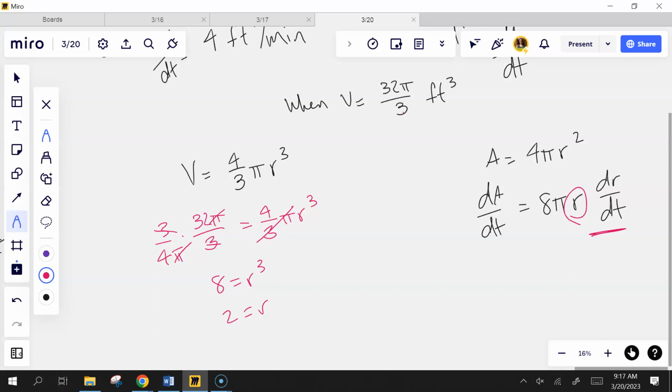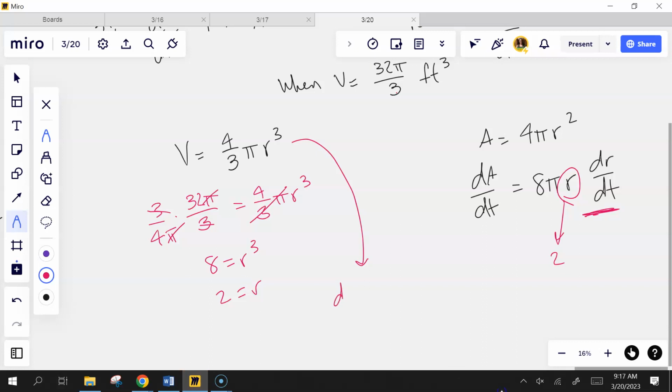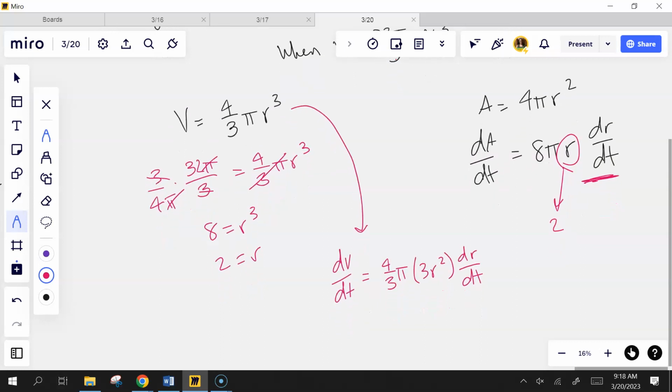Still not enough information, so now I also need to find dr/dt. So I've got my r is going to be 2, but I need dr/dt. So to do that, I'm going to find the derivative of volume with respect to t. So dV/dt is going to equal 4/3 pi times 3r squared dr/dt. And I'm going to plug in everything I know.